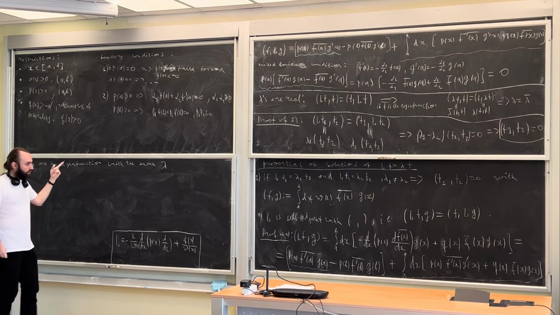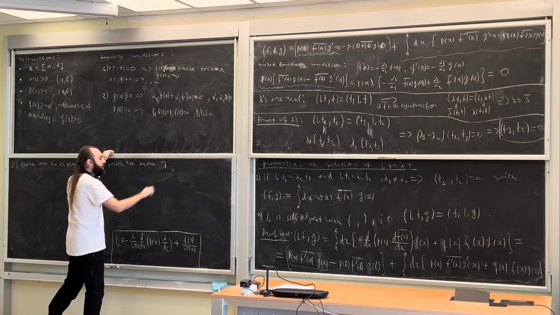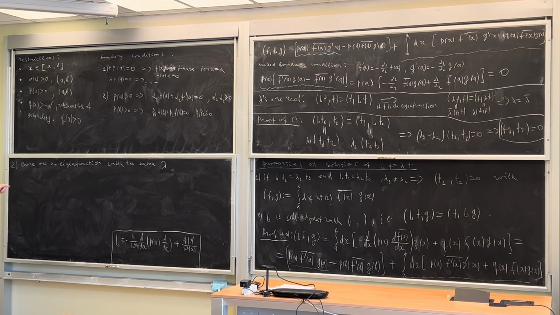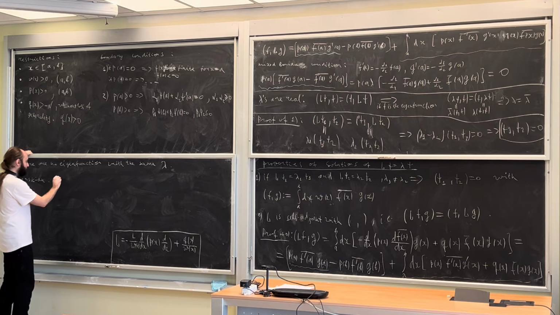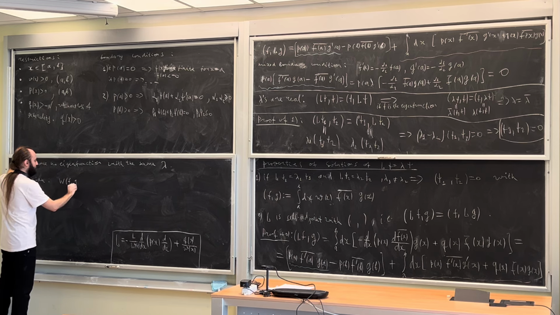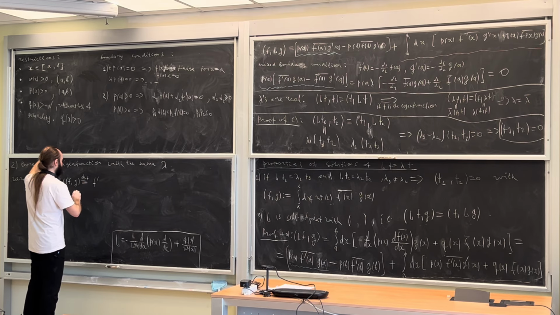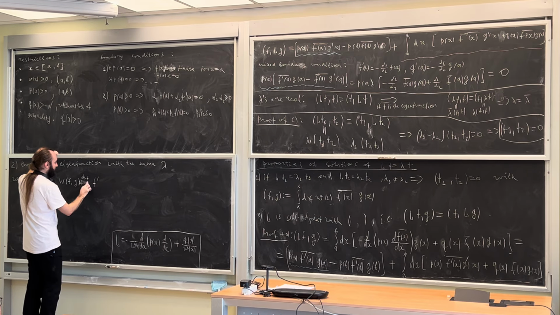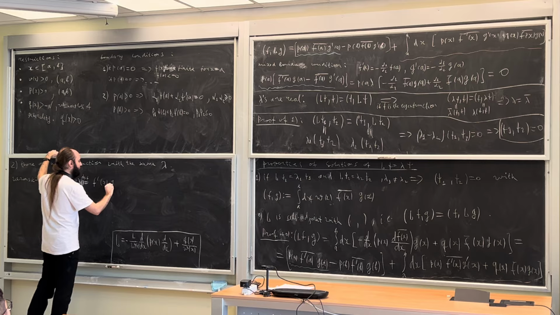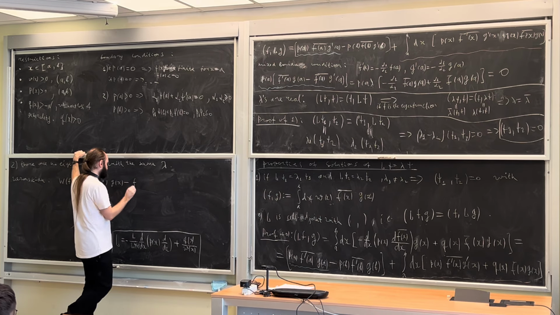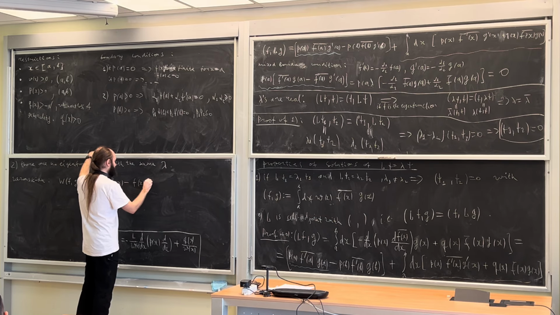So, in order to prove this, we need to introduce the object called the Wronskian. The Wronskian of f and g is equal, by definition, to f prime of x g of x minus f of x g prime of x.